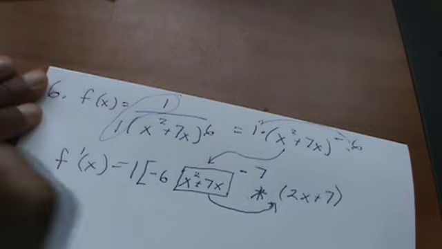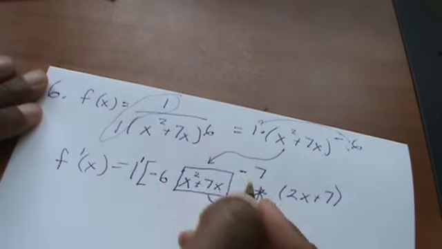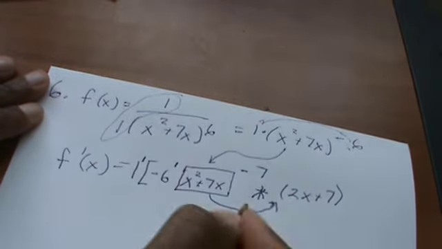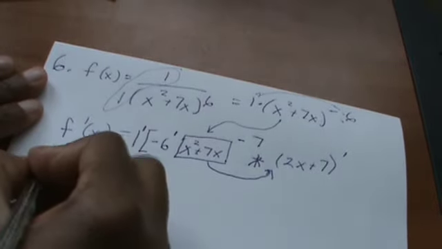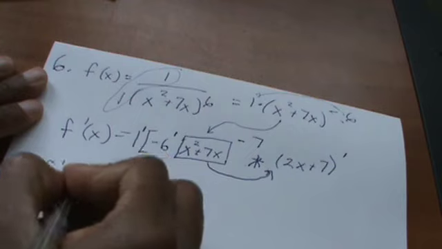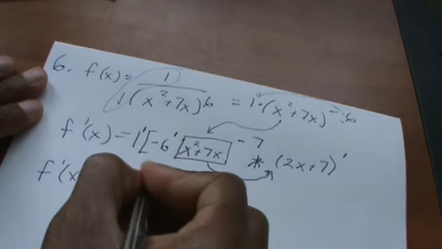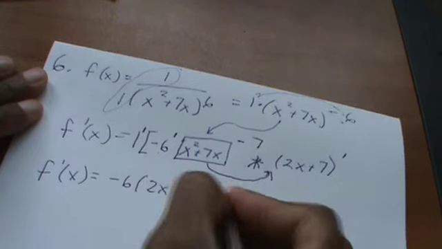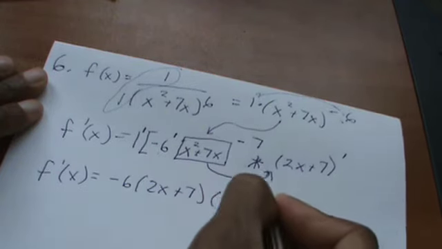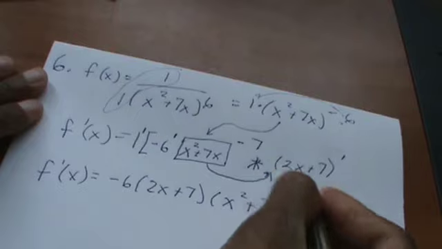Okay, so let's see. 1 to the first times negative 6 to the first times 2x plus 7 to the first. So if you were to write that out, f prime of x then equals negative 6 times 2x plus 7 times x squared plus 7x to the negative 7th power.